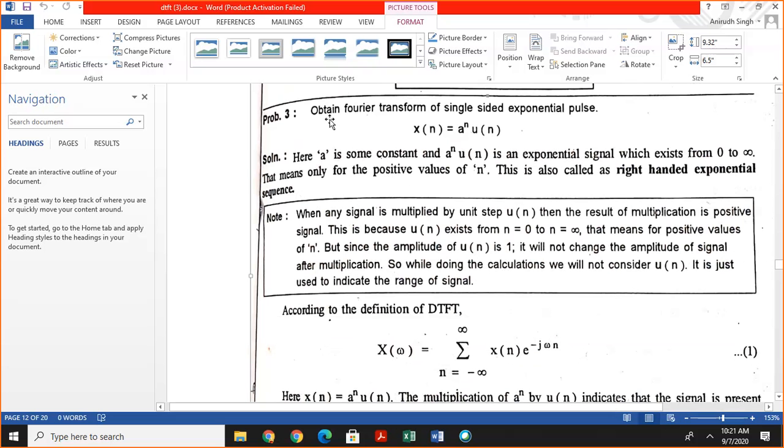Next, obtain the Fourier transform of a single-sided exponential pulse. X of n is equal to a raised to the power n multiplied by u of n.